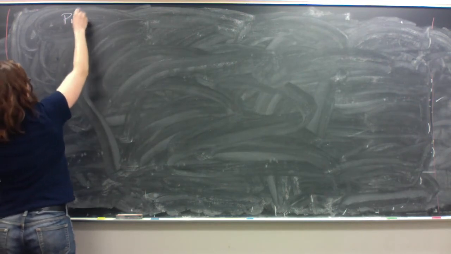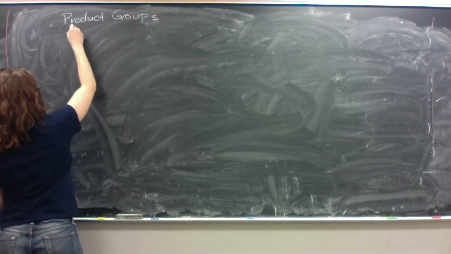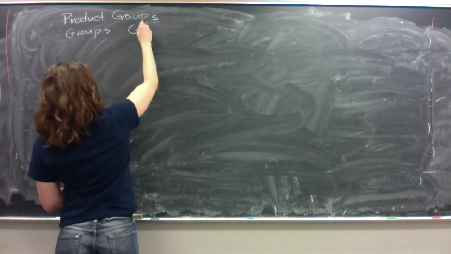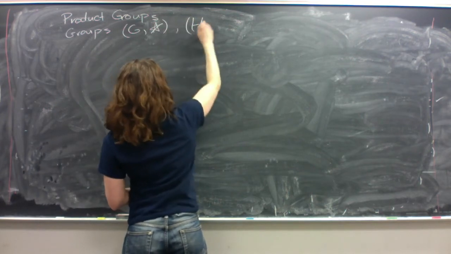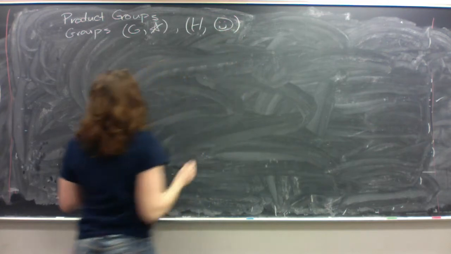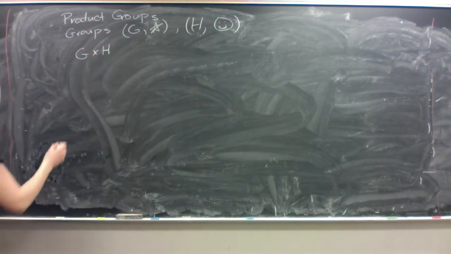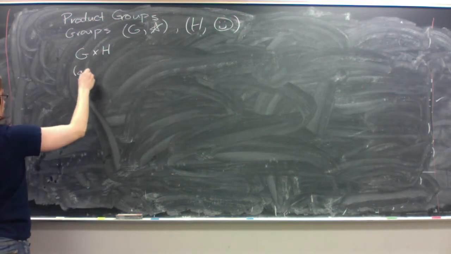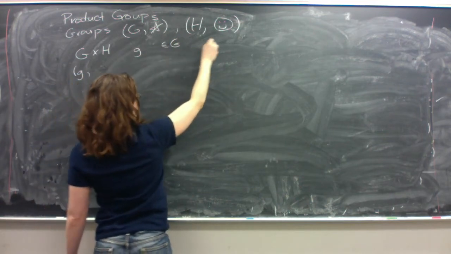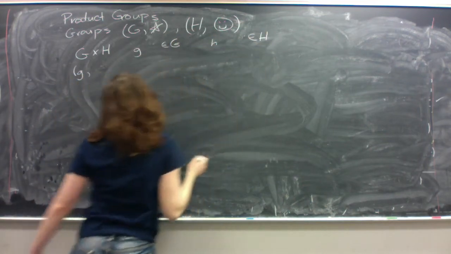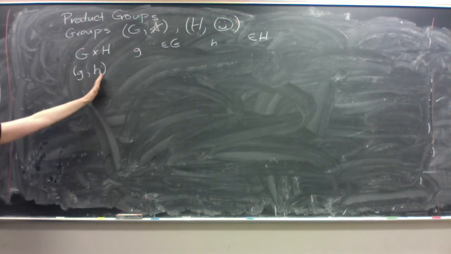And those are product groups. Similarly to product rings, if I have two groups, say G, and I'll say the binary operation on G is star like this, and H, and I'll say the binary operation on H is a smiley face, I can take a product group, G times H, where the elements of G times H are some g in G and h in H. So the elements in G times H look like ordered pairs of g and h.